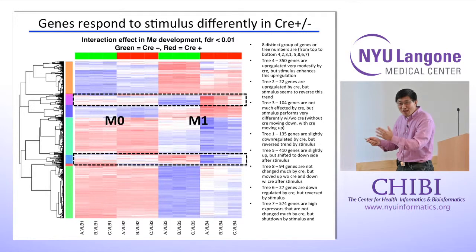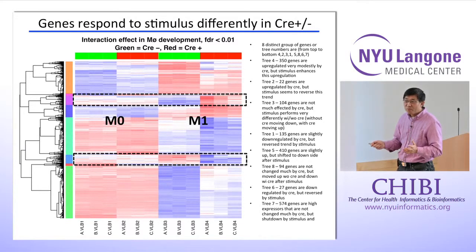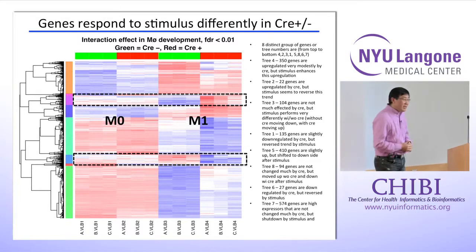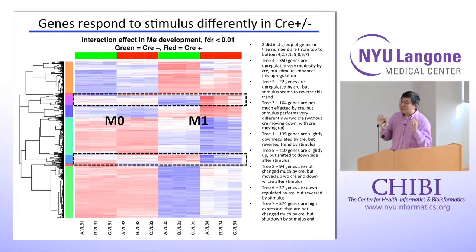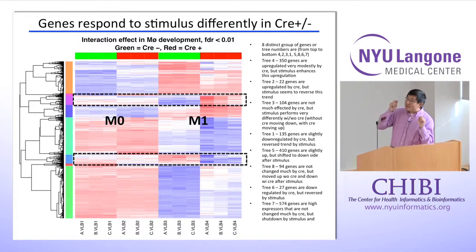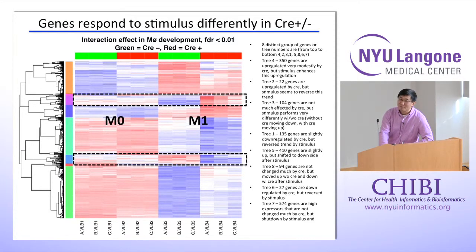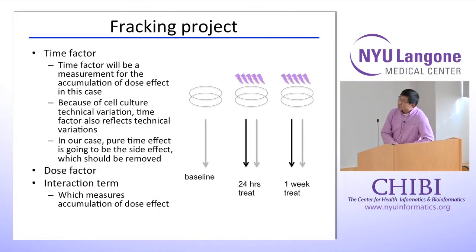Between the knockout and the wild type, it doesn't really change much. However, this group of genes, after stimulus, goes in a totally different way. This group of genes, we thought, might have a lot to do with polarization depending on that particular gene. That's a sort of interaction, the interpretation from this study.